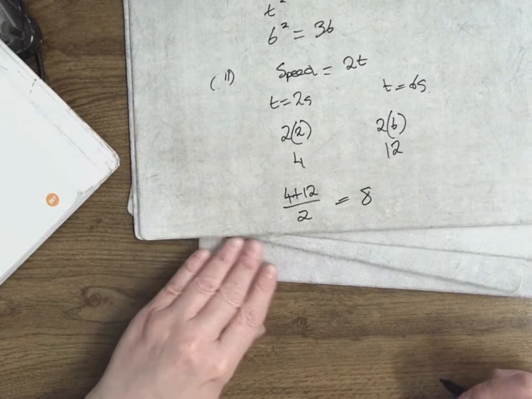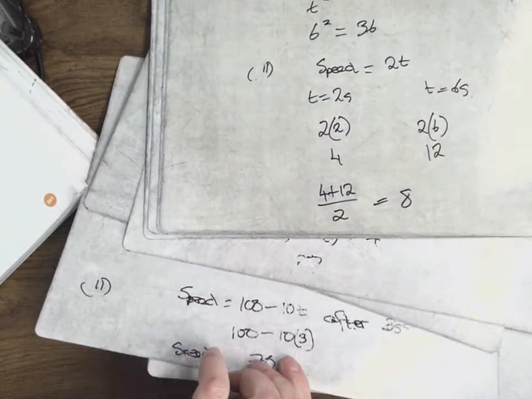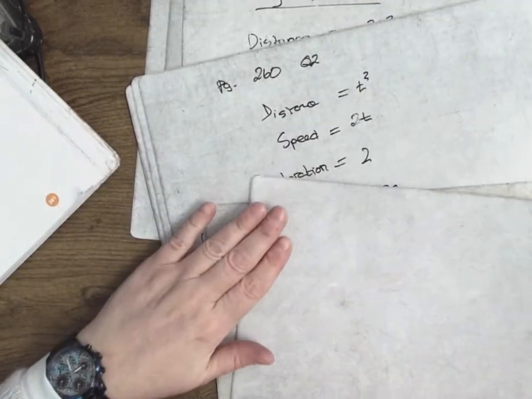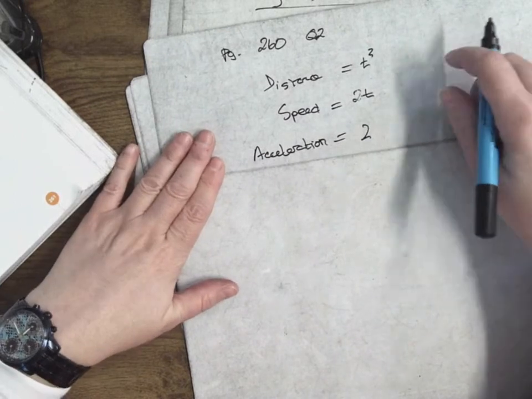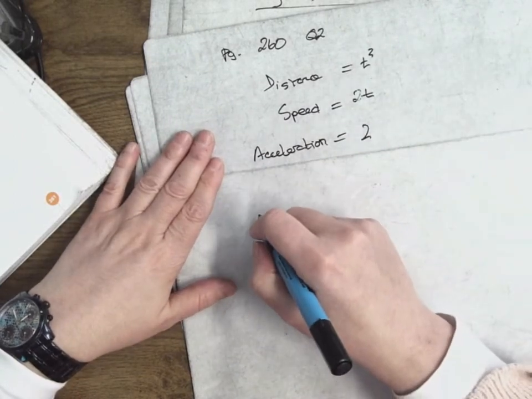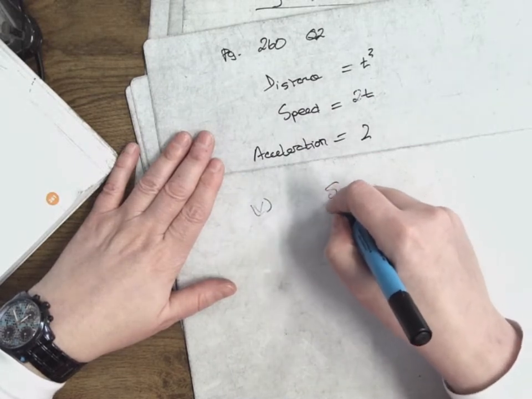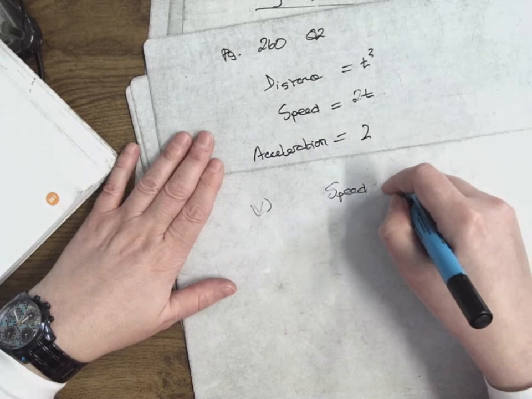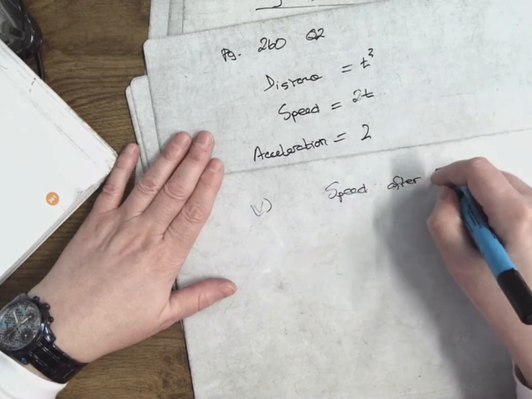And the last bit of that question then was, right, I'll go back to these, this is what I need, these 3 formulas. Okay, and part 5 says, find the speed after 5 seconds. So you need the formula for speed.